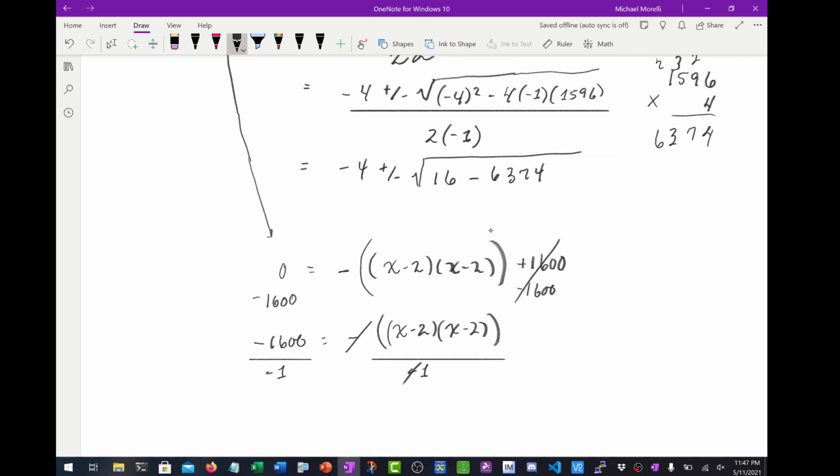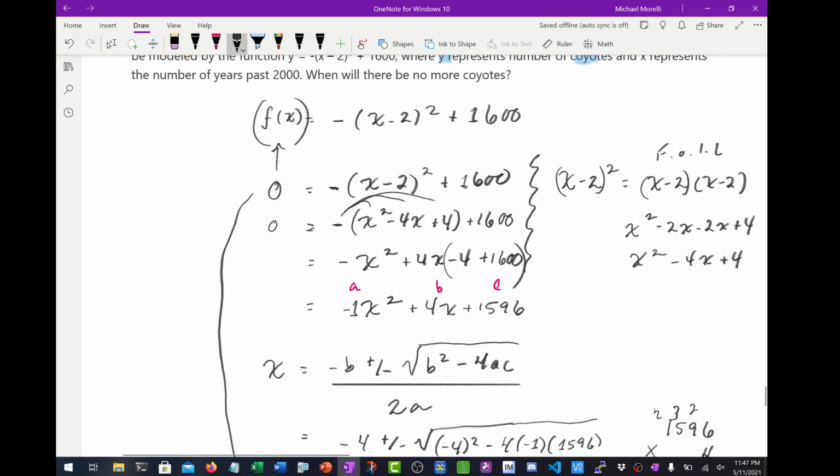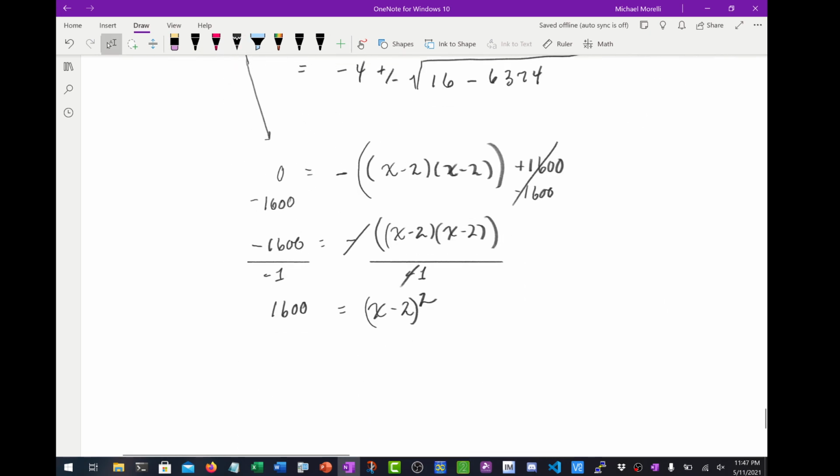That'll take care of these. So now I'll have 1600 equals x minus 2 squared, right? That's what we had before. So all I need to do is take the square root of both of these. So hopefully 1600 has a square root, like maybe it's 40 times 40.